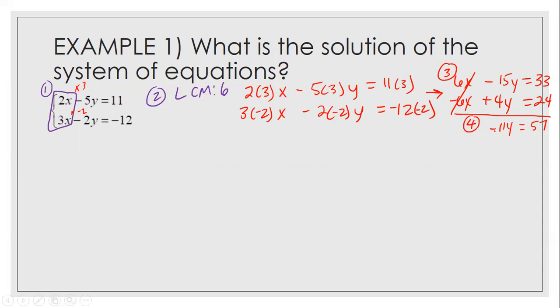What would I need to do to get y by itself? Divide by negative 11. So y equals negative 57 over 11. It is okay. Fractions are our friends. So we have the y.